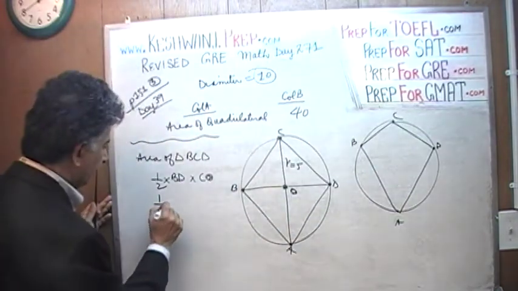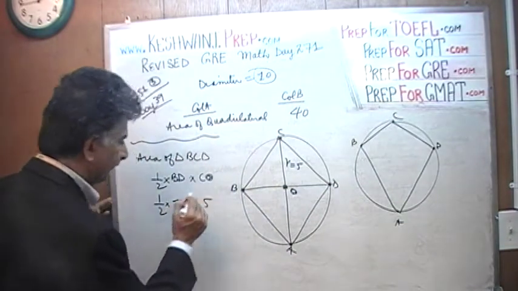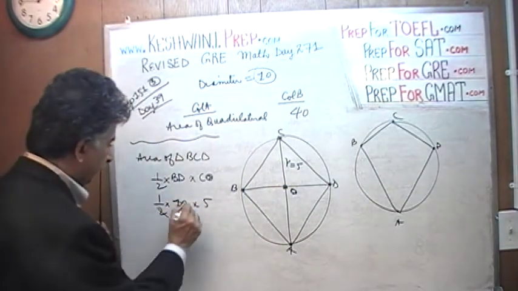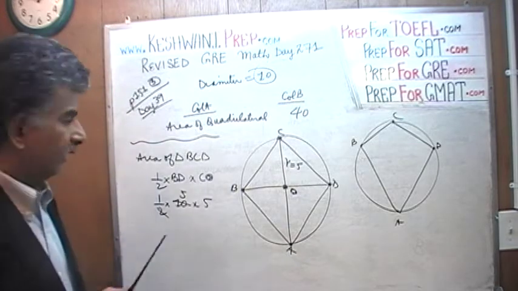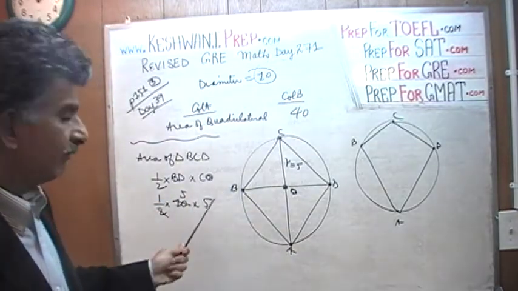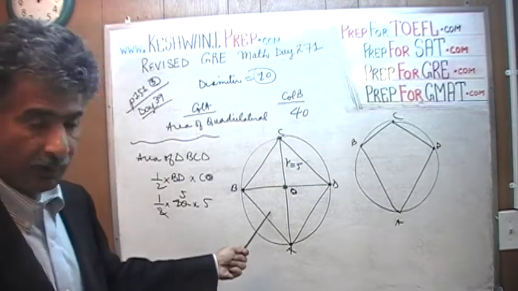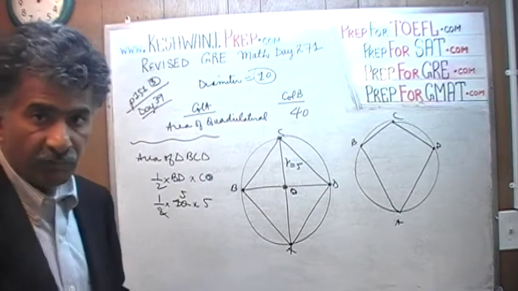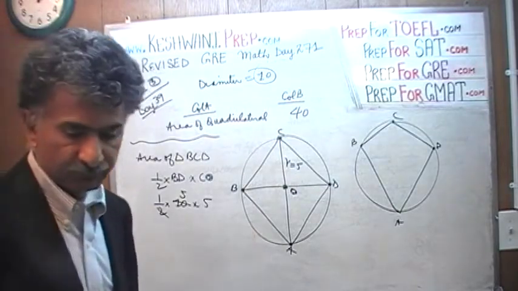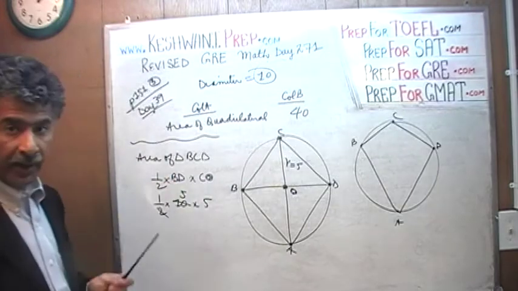So 1/2 base, which is B to D, the diameter 10, times the 5. If you divide top and bottom by 2, we find out that the area of the triangle BCD is 25. 5 times 5. That tells us the area of the bottom triangle BDA will also be 25 because it's symmetric, obviously. That tells us that the maximum area that this quadrilateral can have is 50.